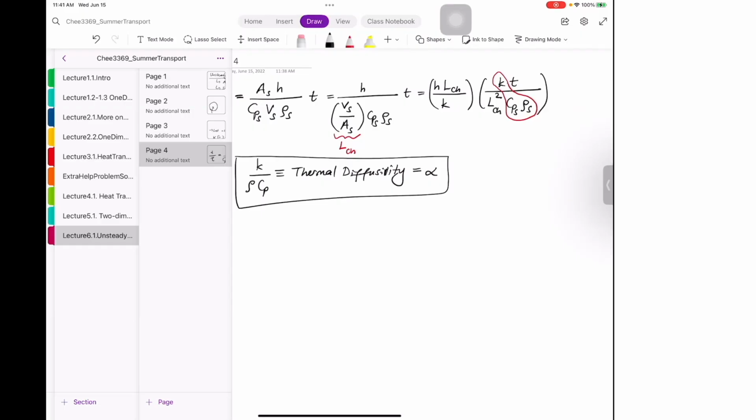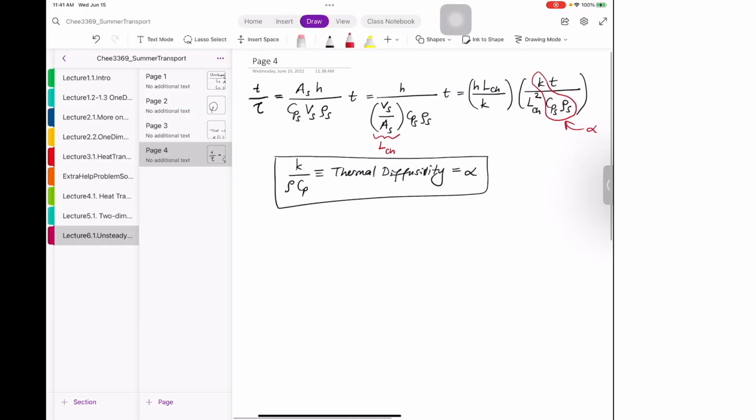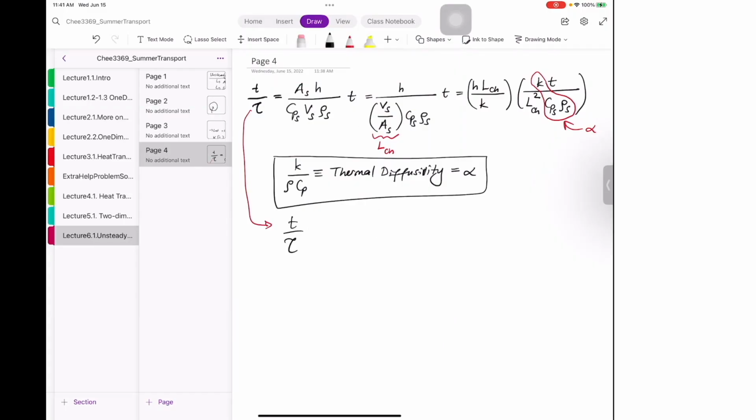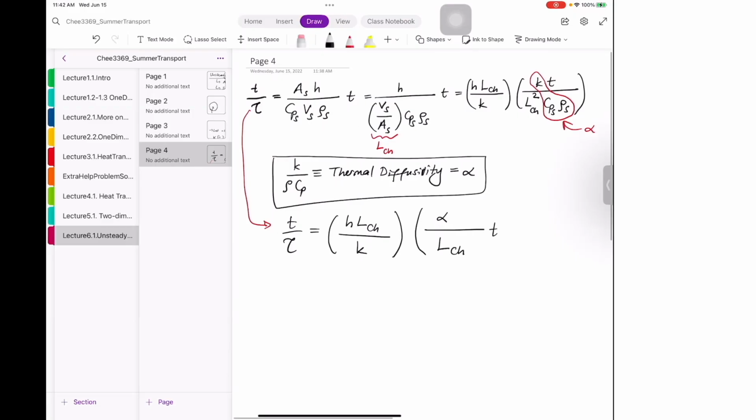And if you replace this quantity with alpha, which is the thermal diffusivity, you find out that t over tau can be written as h L characteristic divided by k, times alpha over L characteristic times t.